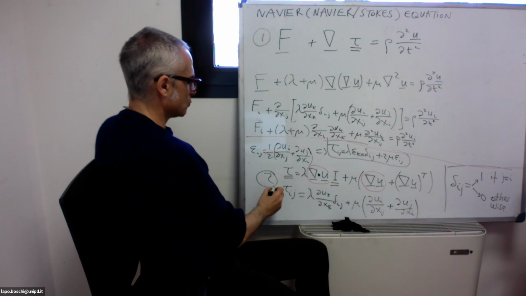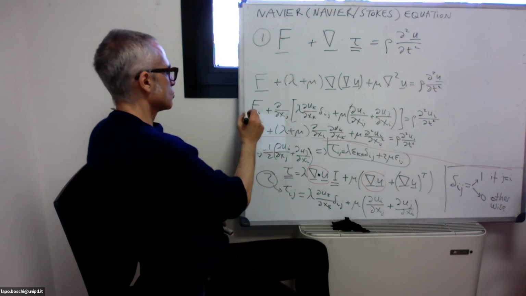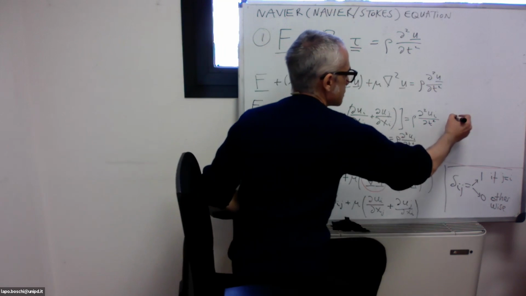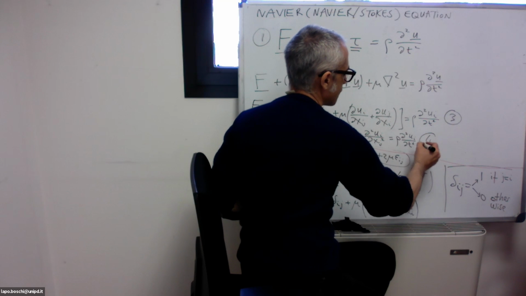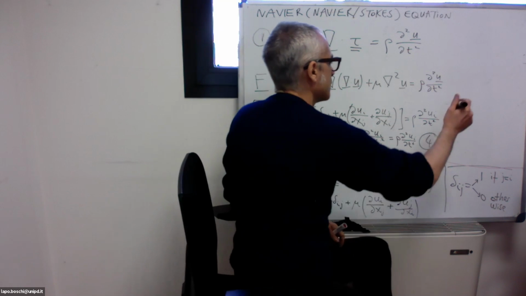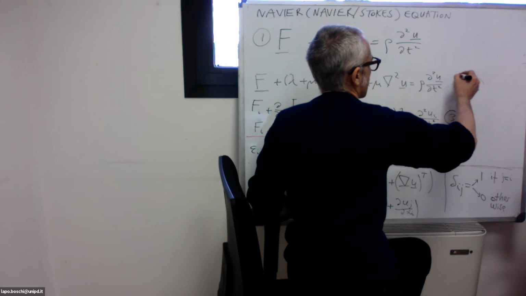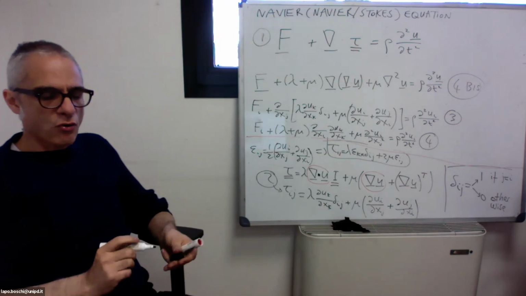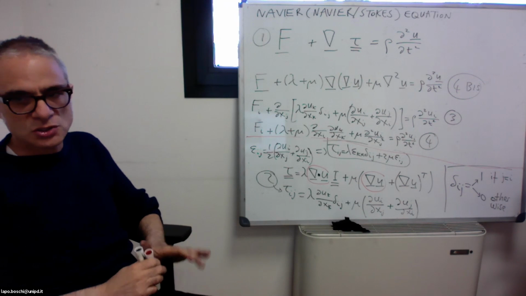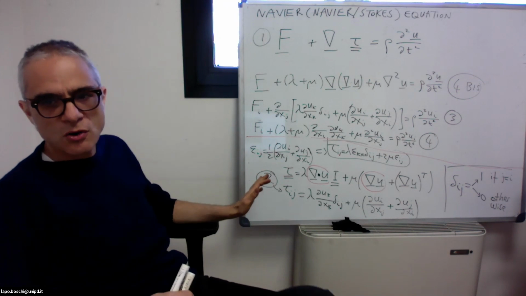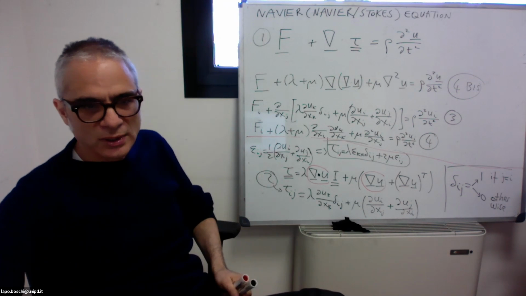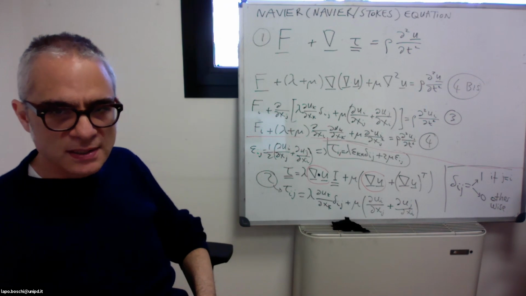You substitute 2 into 1, you should get 3. From 3, with a little bit of algebra, you get 4, and you can also get 4 bis if you translate 4 into vector notation. This is a nice homework, and we can talk about it next time if something is not clear.